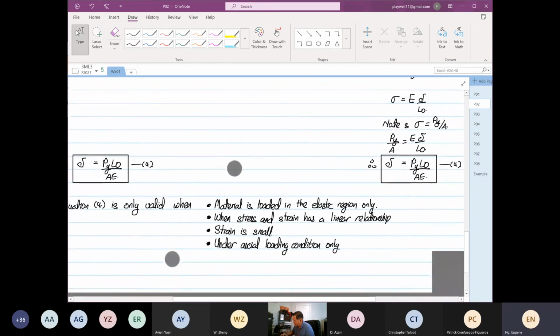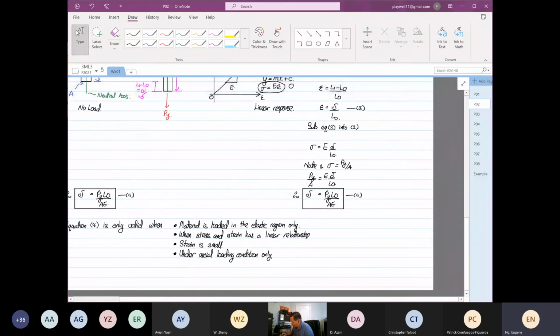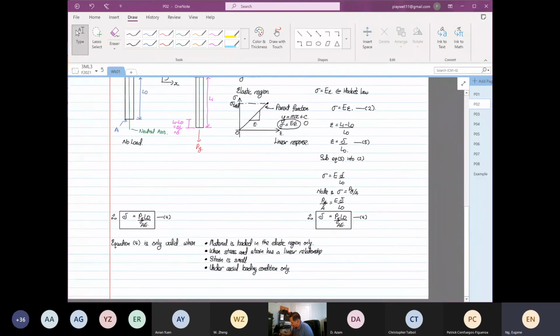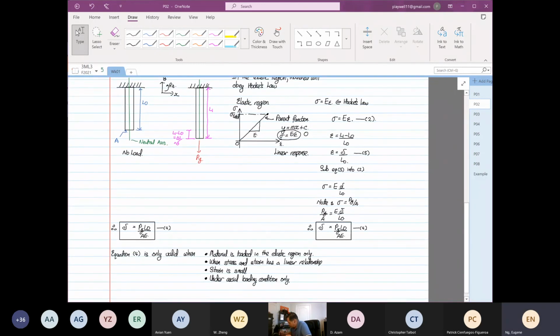Now some of you might say, hey, where did you get all this from? When we started deriving, the first point is from here. This is only valid in the elastic region.